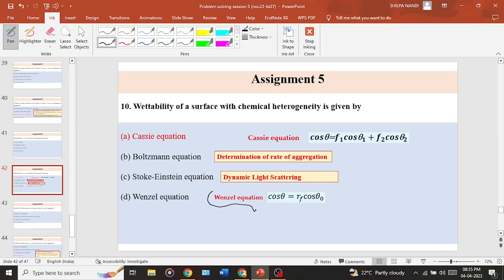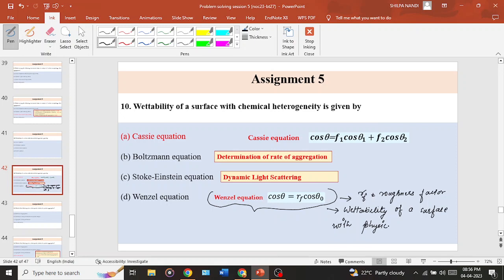Rf is your roughness factor, and this is the wettability of a surface with physical heterogeneity.